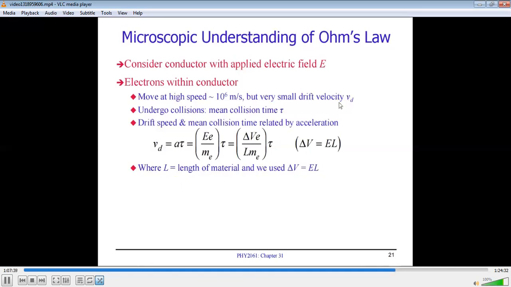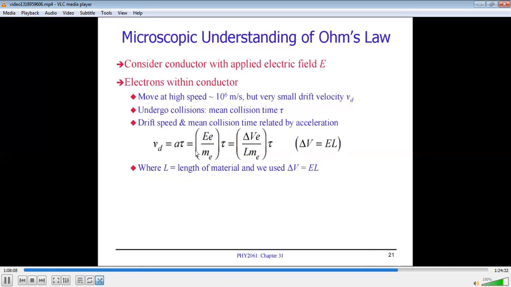So drift velocity and mean collision time are related by acceleration, which is velocity divided by time. That means non-uniform velocity per unit time is called acceleration. So we get acceleration equals eE divided by m_e, and velocity equals that times tau.